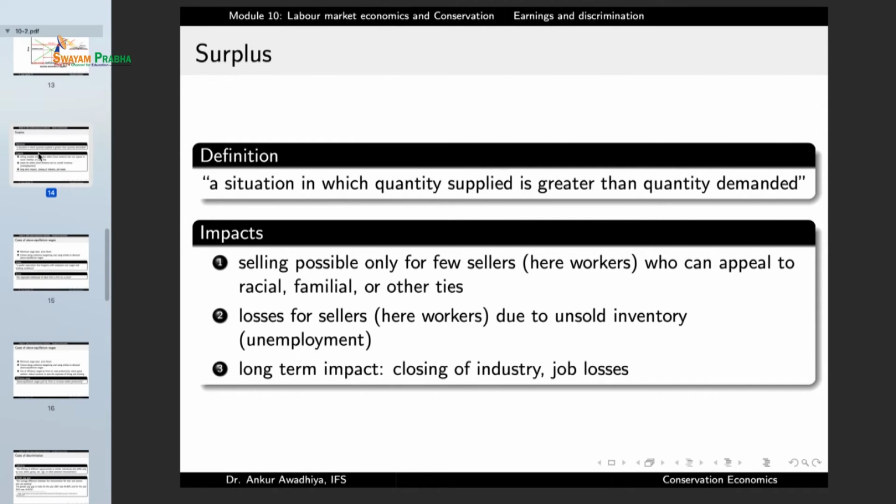Impacts: selling is possible only for a few sellers, in this case workers, who can appeal to racial, familial, or other ties. What we are saying here is that in the case of minimum wages, because there is less demand, there is a huge amount of supply, so not everybody gets paid, not everybody gets work, and those people who can appeal to, say, familial ties or their cultural ties or their linguistic ties, they might get an employment and other people will not get an employment.